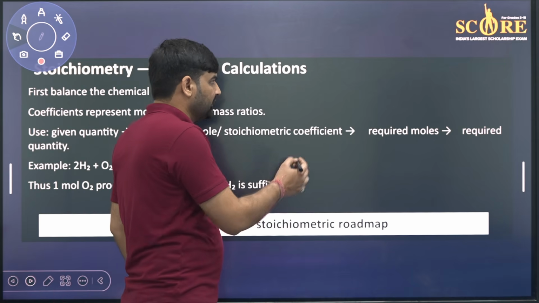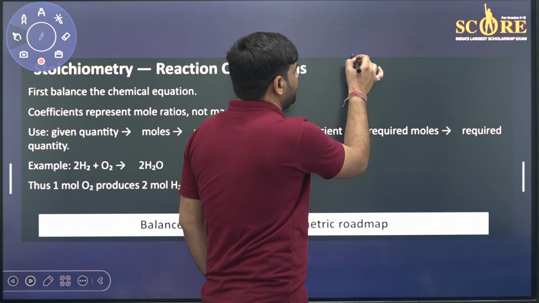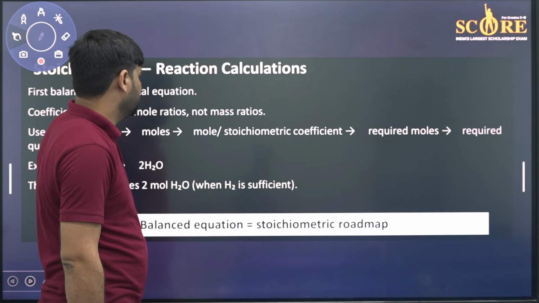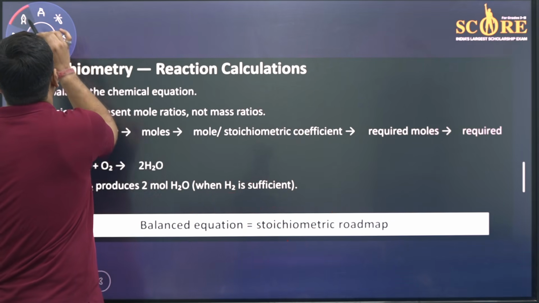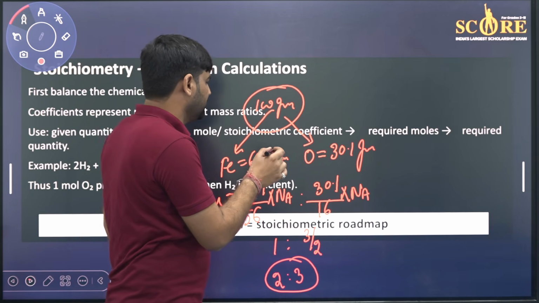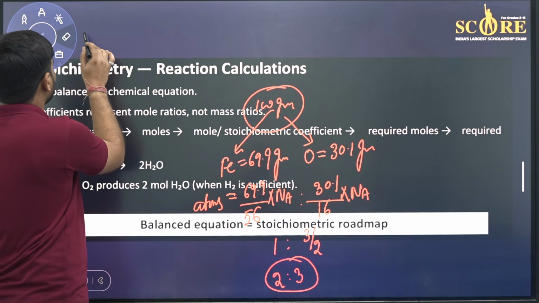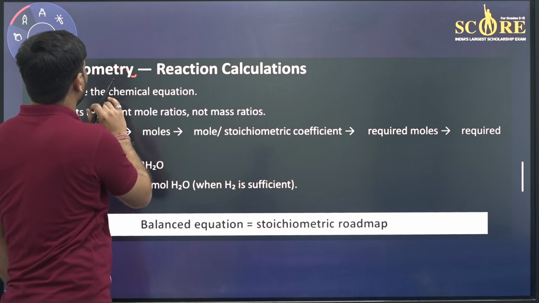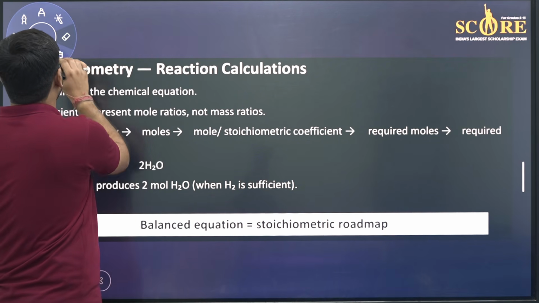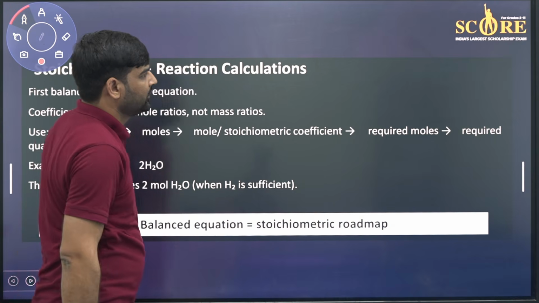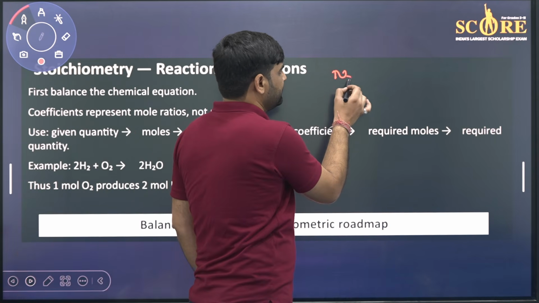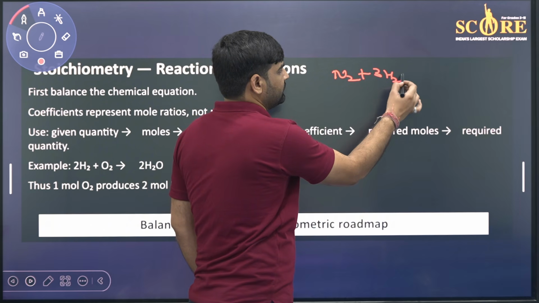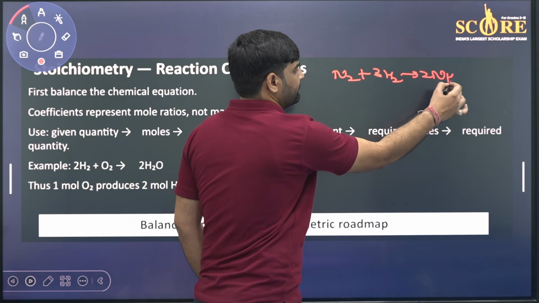If we take an example of the Haber process in ammonia preparation, then you have to write a simple example: N2 plus 3H2 converts into 2NH3.